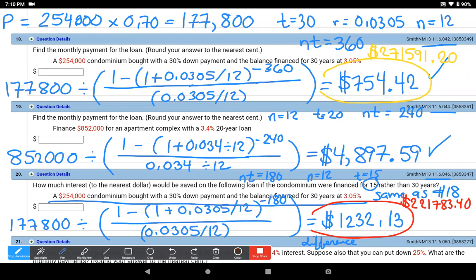Okay, so if this is the amount repaid for the 30-year loan, and this is the amount repaid for the 15-year loan, then what I've done here is I've subtracted the two values. That's how much the family will save if they go with the 15-year loan, right?